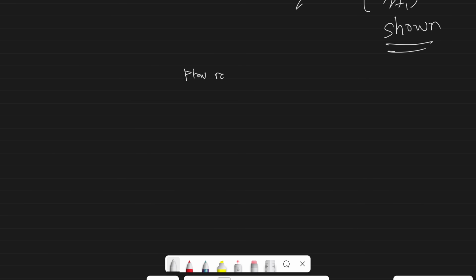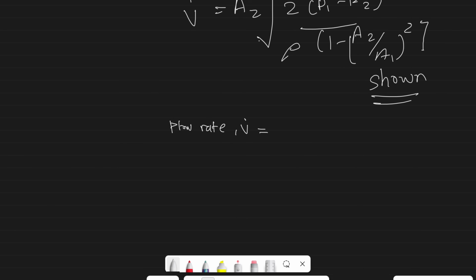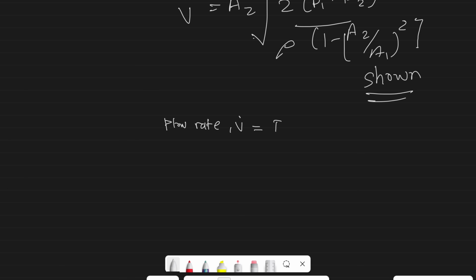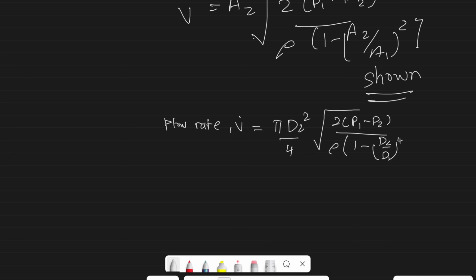So the flow rate V dot is equal to A2, okay, it's a circle, so pi d square over 4, that's A2, times the square root of 2 (P1 minus P2) over rho (1 minus (D2 over D1) power 4).